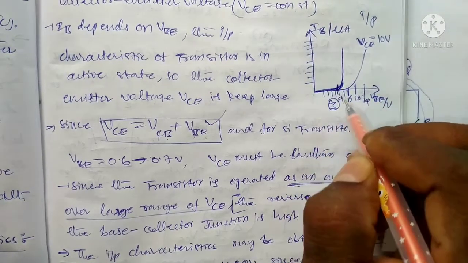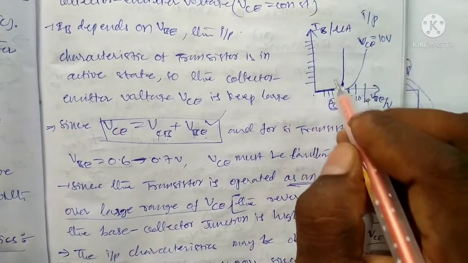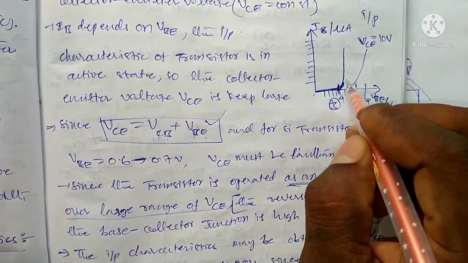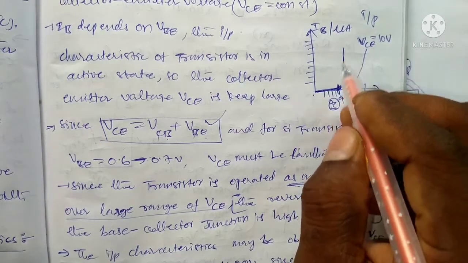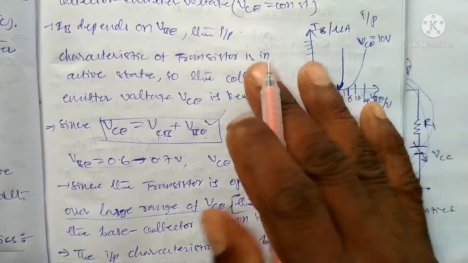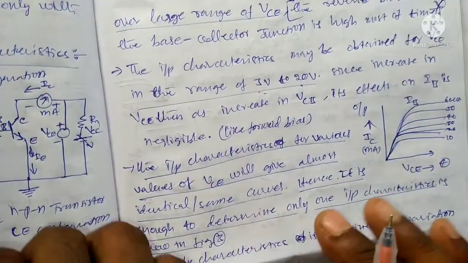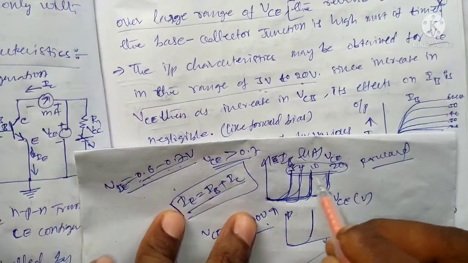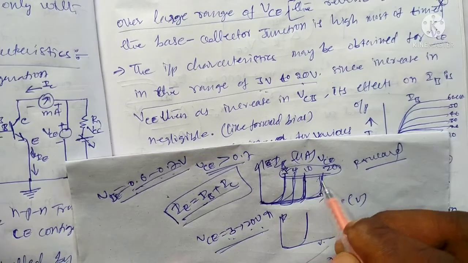Up to a certain voltage the base current is 0. After increasing the voltage, the base current saturates, with no further change, but it can change with VCE. When VCE changes, the base current also changes.